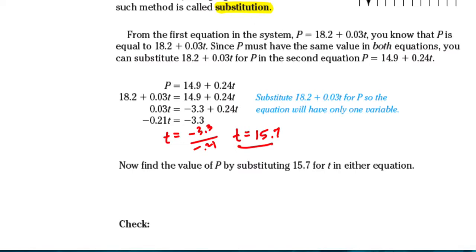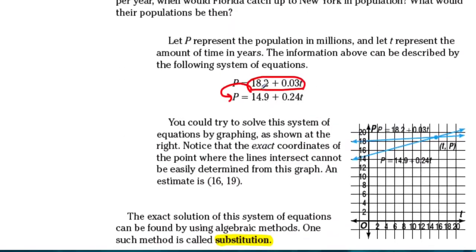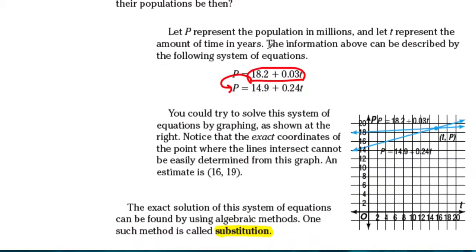So what it's saying is this: we will take this value of T, 15.7, and substitute it back into either one of these equations. It doesn't matter which one. You can do it for equation number 1 or equation number 2. It's your choice.